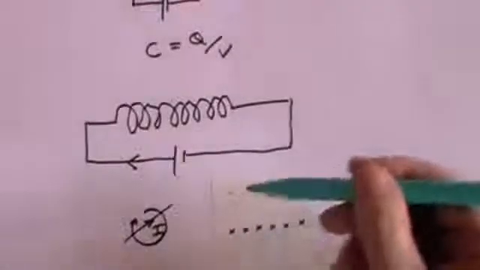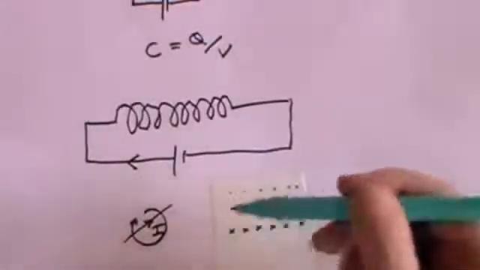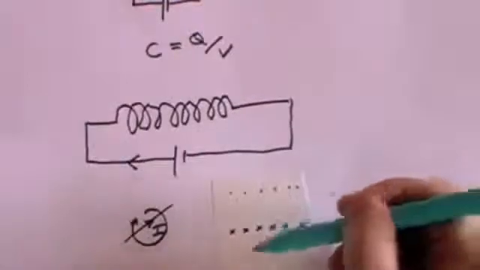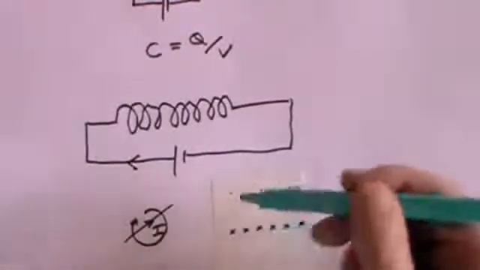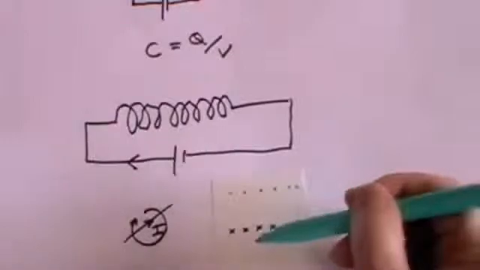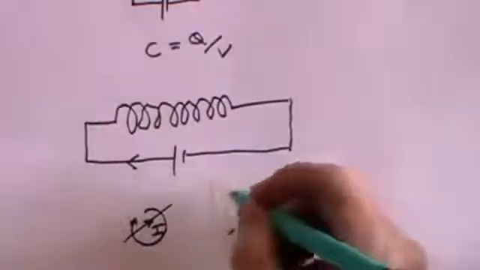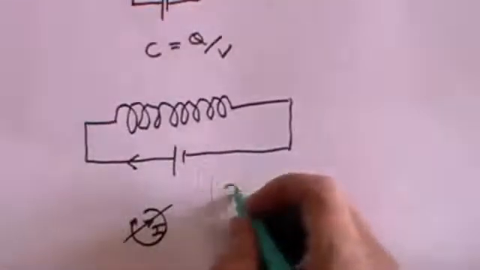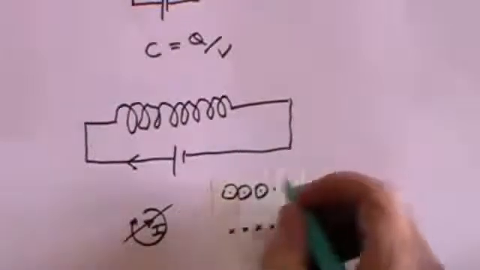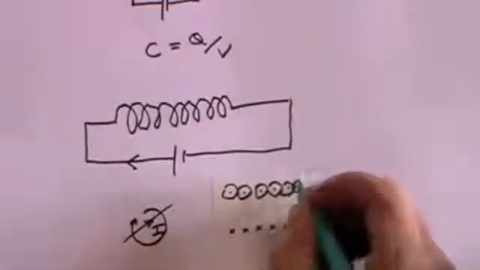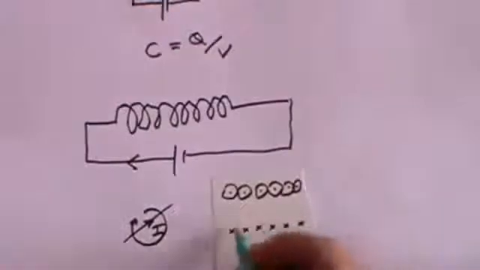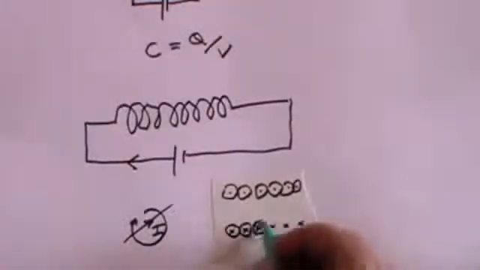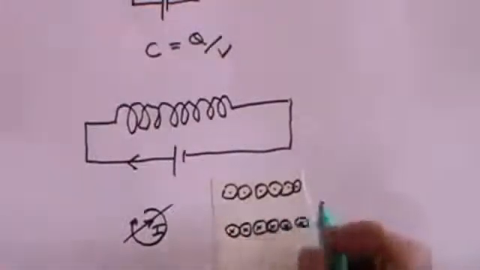So at the top the coil goes in, at the bottom the coil comes out, and the current is going in the direction of my pen. So when the current goes in, it will create a magnetic field around each of the wires in a clockwise direction. And when it comes out, it will create a magnetic field in the anti-clockwise direction.